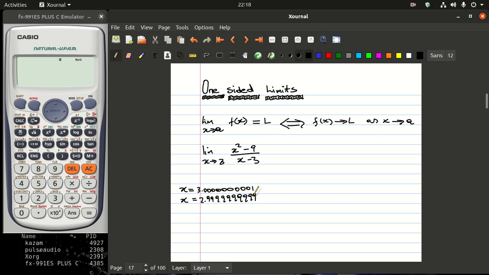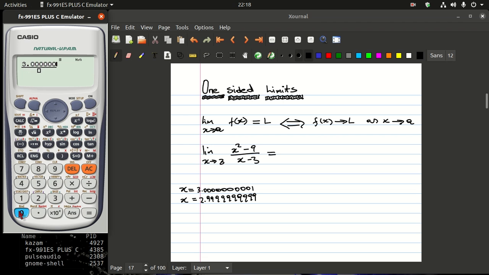So we want to find out what value we are getting if I plug in this value and that value. What is the value that I'm approaching? If you grab your calculator and plug in these values, what are you actually getting? I'm going to start with 3.0000000001.